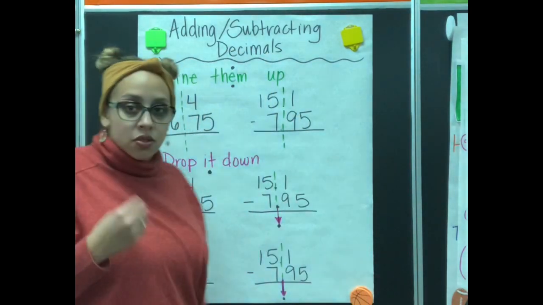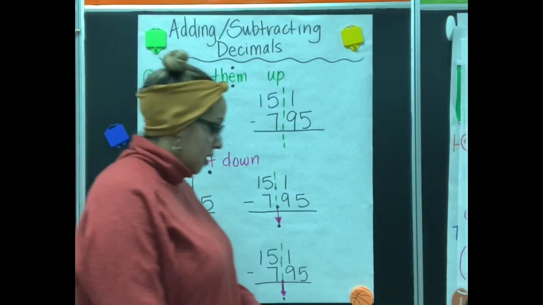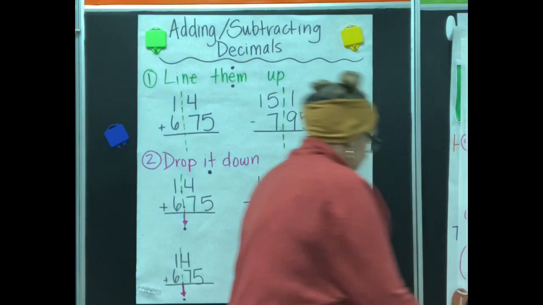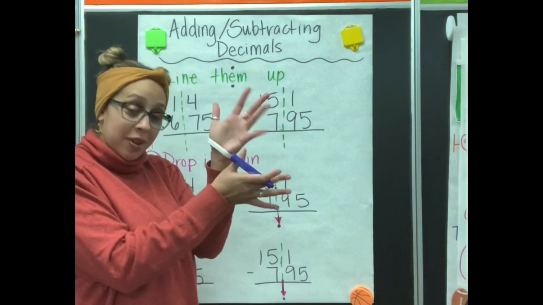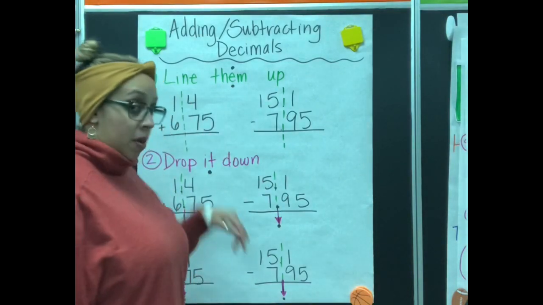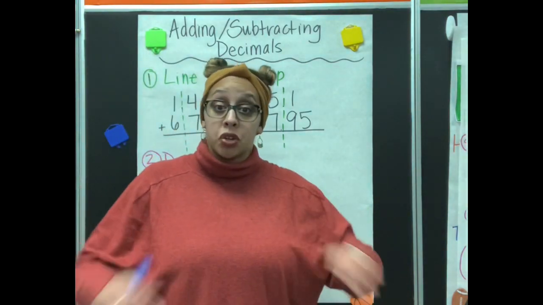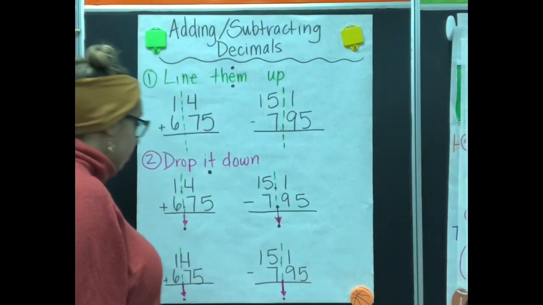We're getting closer to being able to solve this. We lined them up, meaning our decimals. That's the only way that we can add and subtract, if we line them up. And then we drop it down. We drop the decimal down so we don't forget about it, because we'll probably forget about it.